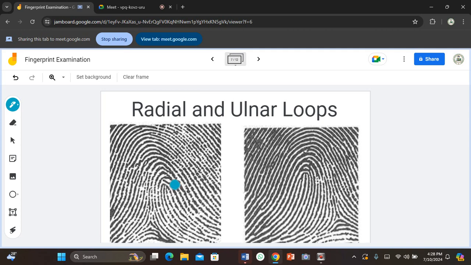So the terms radial and ulnar are derived from the radius bone and ulnar bone of the forearm. Loops which flow in the direction of the ulnar bone, towards the little finger, are called ulnar loops, and those which flow in the direction of the radial bone are called radial loops. But whether it is a radial loop or an ulnar loop, the way you do the ridge counting is the same.